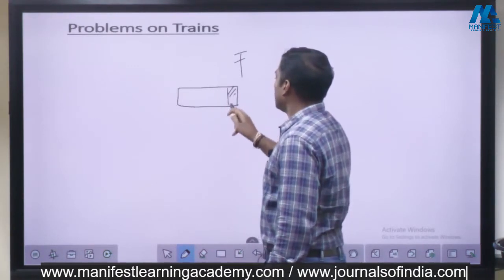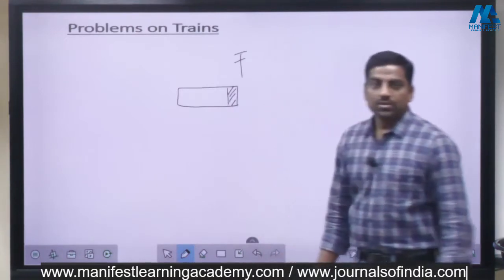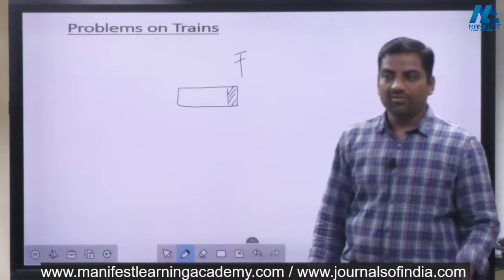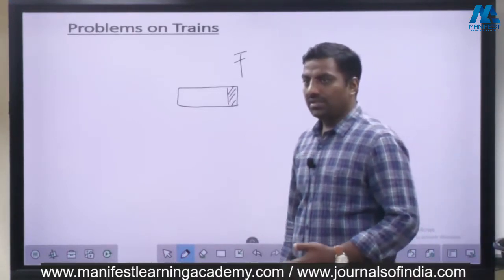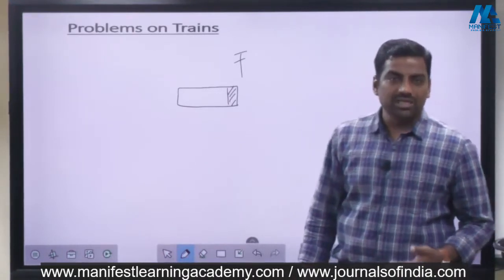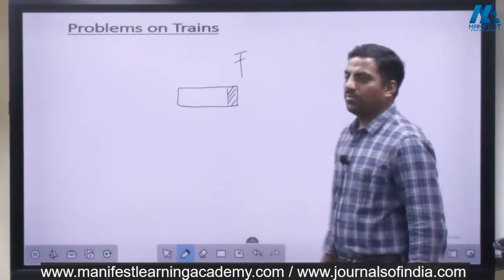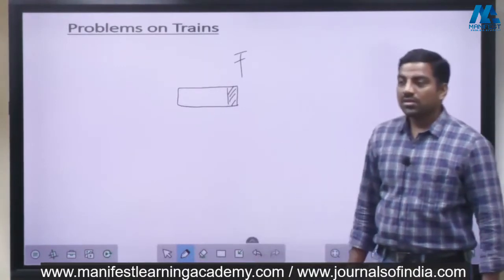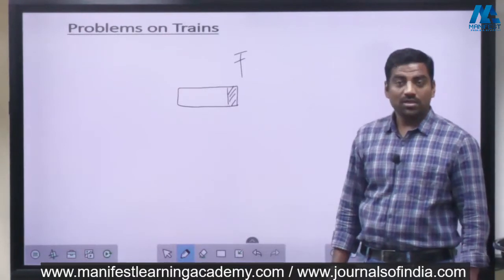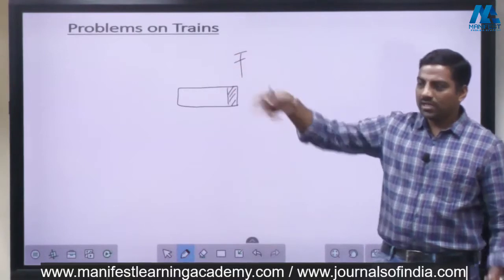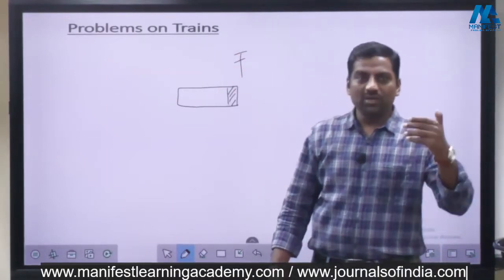I have given you this assignment to calculate the time taken by the train to cross this pole. When do you start the stop clock? Give me the scene. The train is far, okay? Here the pole is there. When will you start the clock?